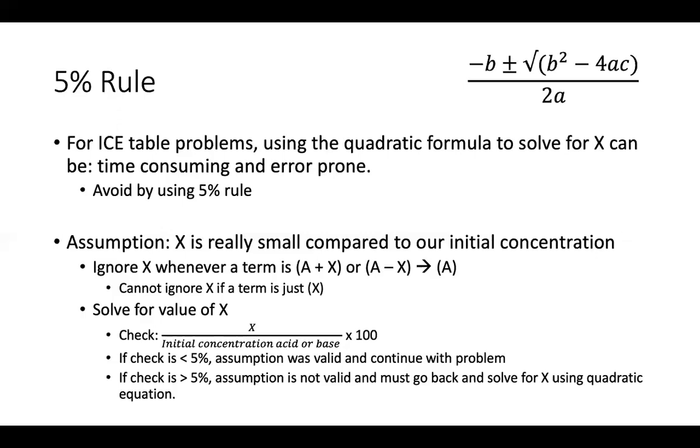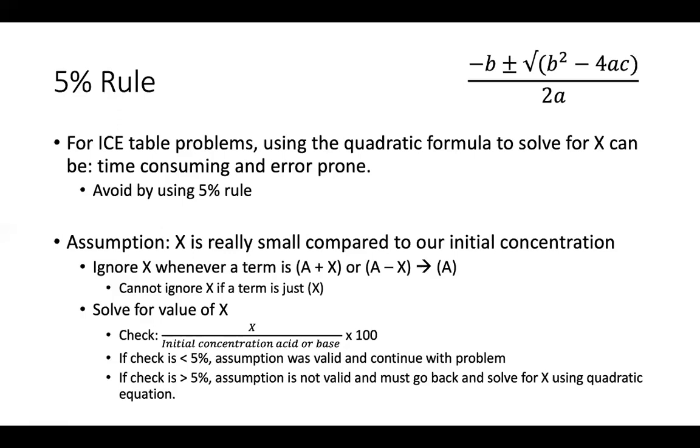Okay, and then lastly, you're going to just solve for X. And once you solve for X, you have to actually check your work. Okay, and so what you're going to do is you're going to take the value of X and divide it by that initial concentration of acid or base and multiply it by 100. Right? Multiplying it by 100 just turns it from a decimal to a percentage.